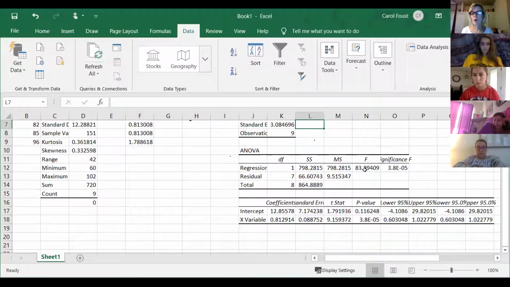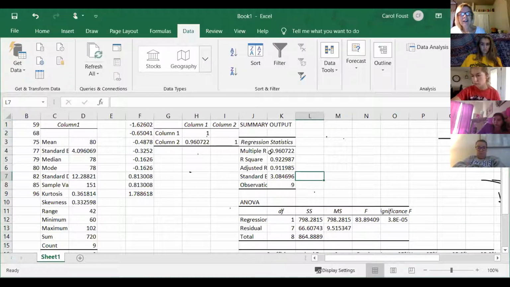So we'd have 0.000038. Is that less than 0.05? Absolutely yes. So we know that there's a significant correlation here, 0.96.